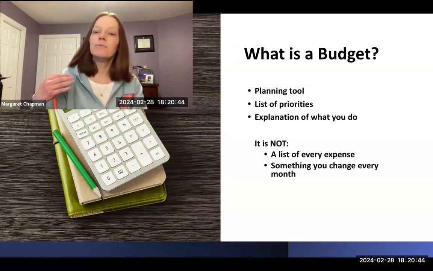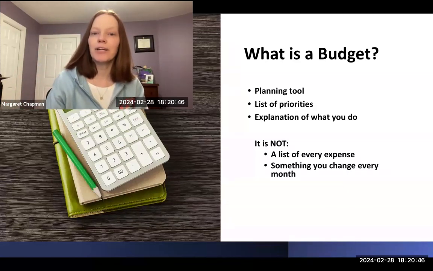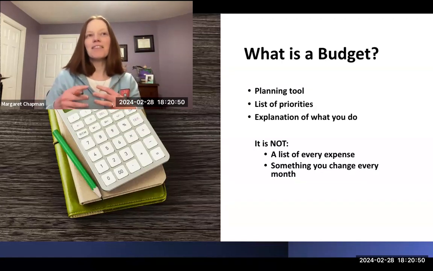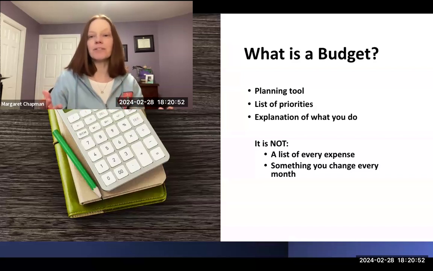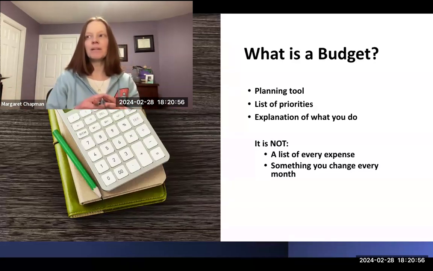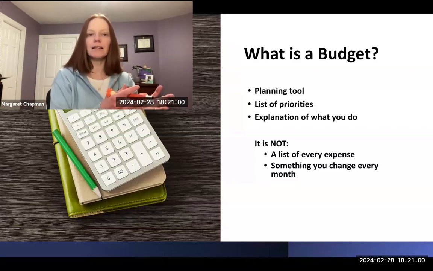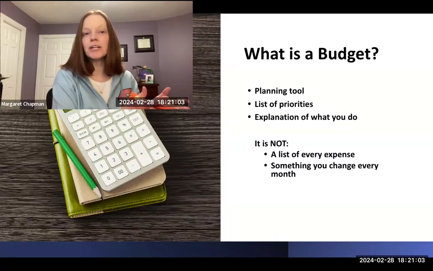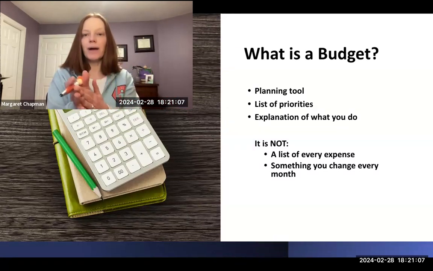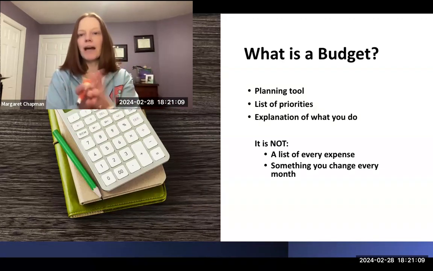It's also not something that you are constantly changing. And this is what I fight with folks all the time about, because you write a budget in, let's say, December for the next year, and by February, you've updated January with actuals.